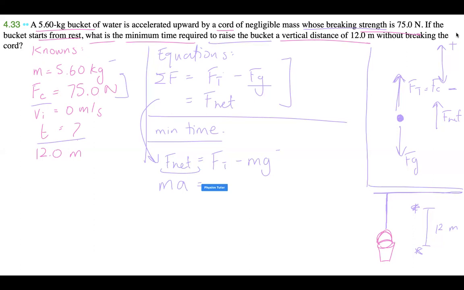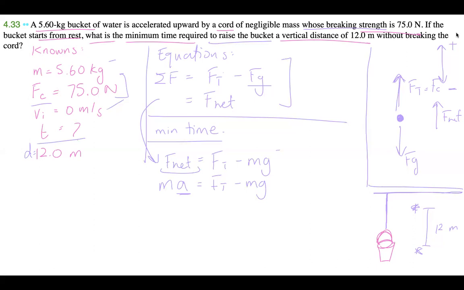Okay, we're sort of getting somewhere, because can't we use VI, D, and sorry, I didn't even write D over here. Okay, so we can use VI, we can use D, we can use A to find T, right?